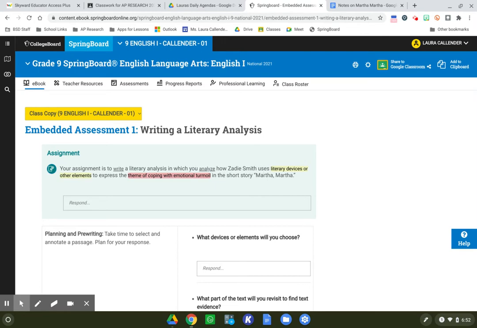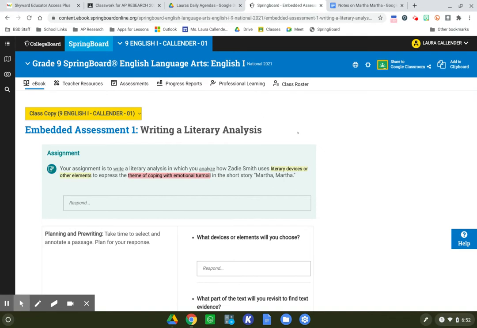So, literary devices are those things such as the language choices of an author, using figurative language like metaphors, using imagery, using tone. Also, it includes things like irony or foreshadowing. So there are a lot of different literary devices that we can use to discuss her communicating the theme.